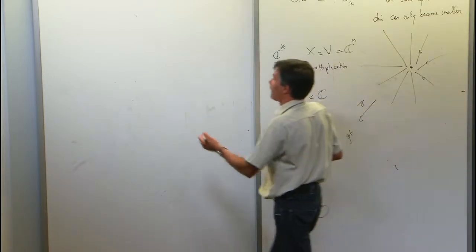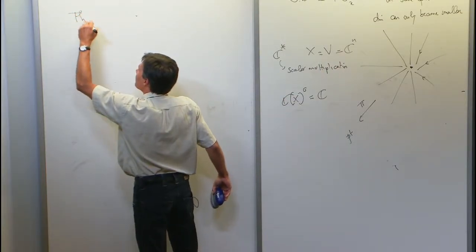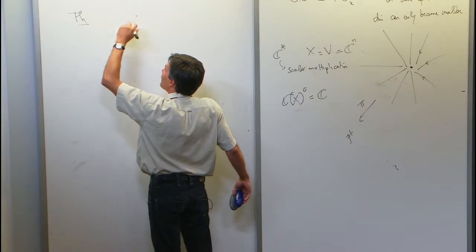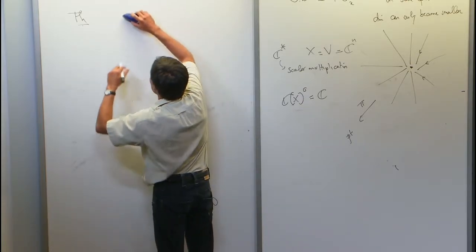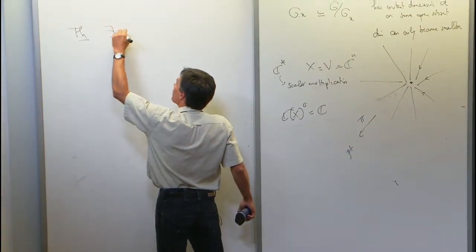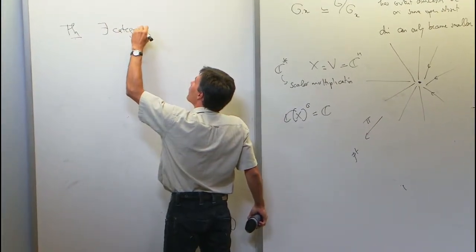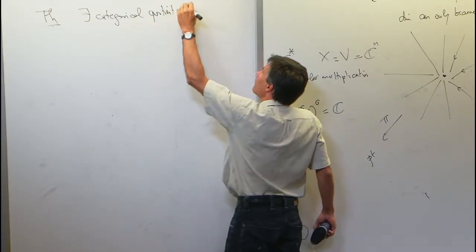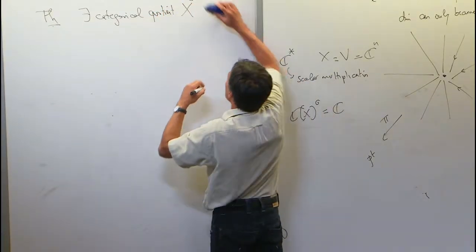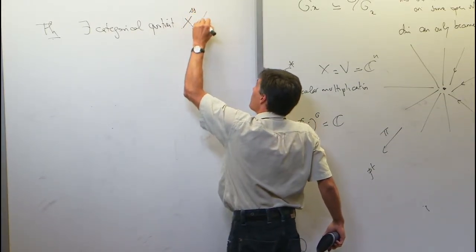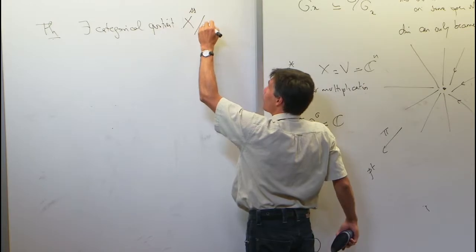Okay, so the main theorem of GIT is: there exists a categorical quotient on the semi-stable locus.